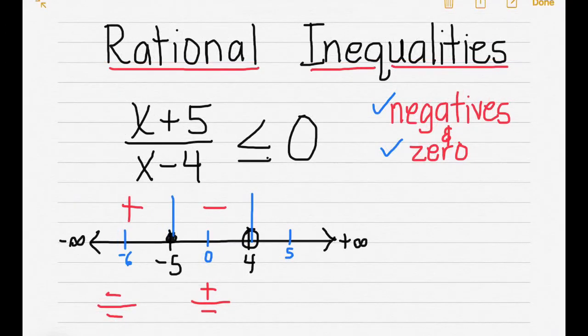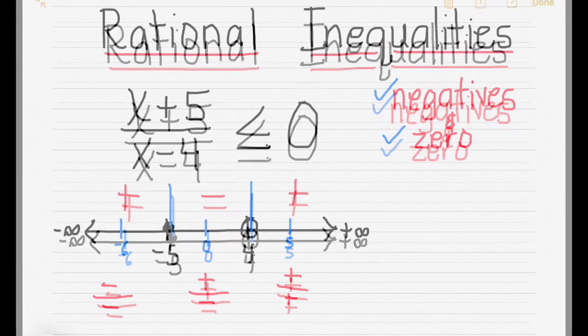For the last section, I picked the number 5. And so 5 plus 5 gives me a positive 10, so my numerator is positive. And then 5 minus 4 gives me a positive 1, so my denominator is also positive. So a positive divided by a positive gives me a positive result.